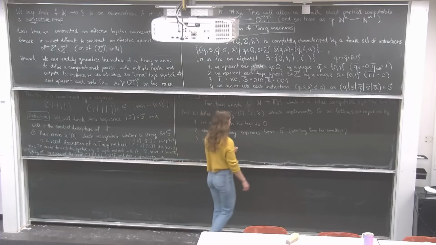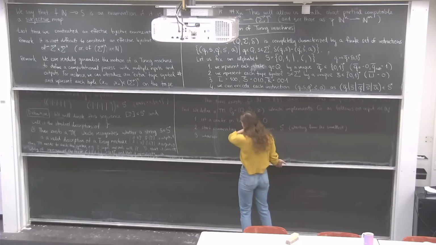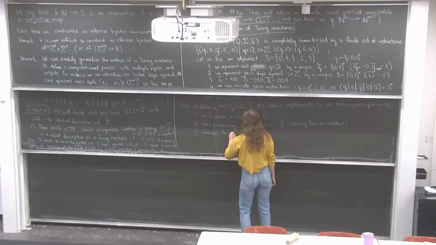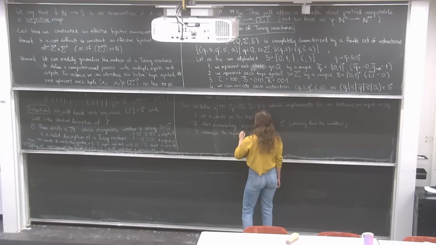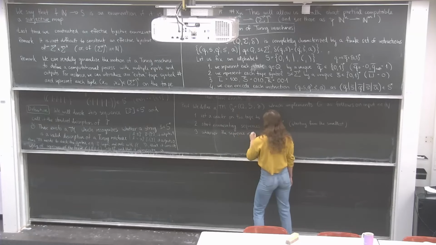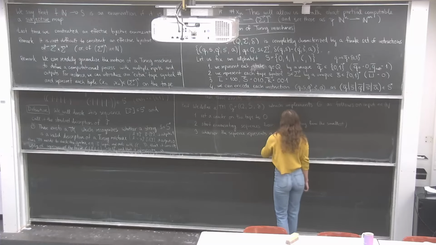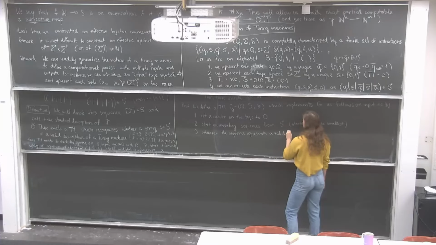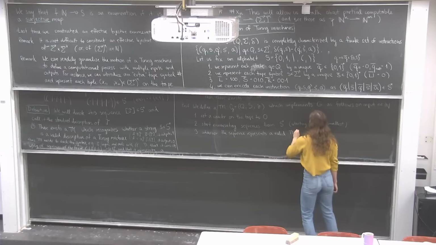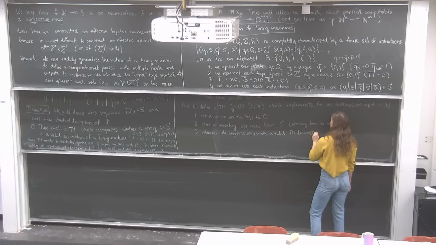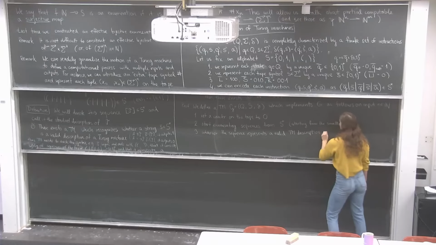Whenever the sequence represents a valid TM description, increase the counter by 1.